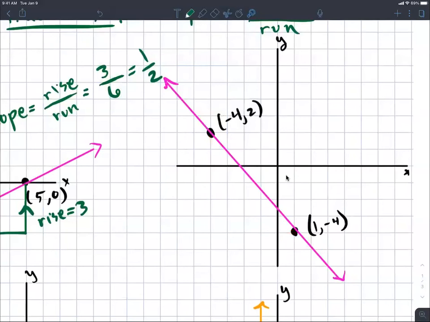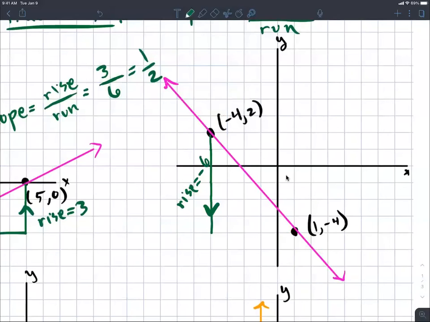Let's go down 1, 2, 3, 4, 5, 6. So we're going down 6. Remember, up and down distance, that's our rise. So our rise went down 6. That means our rise is negative. It's -6. Rise equals -6. The rise can be negative.